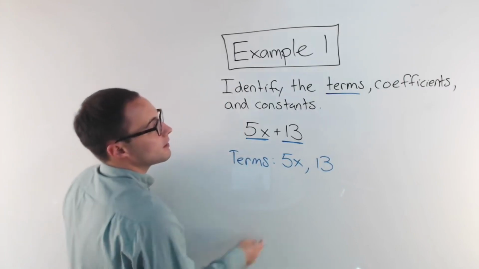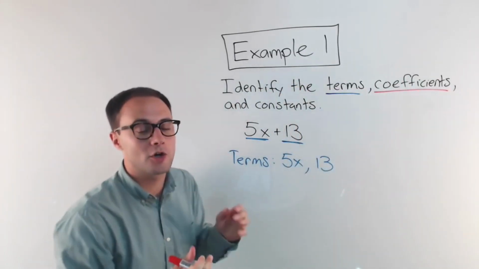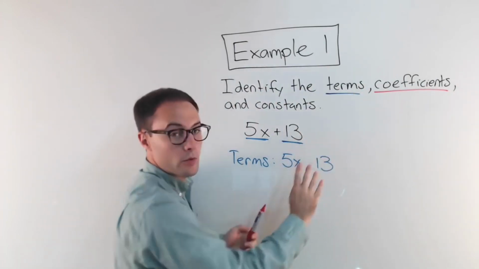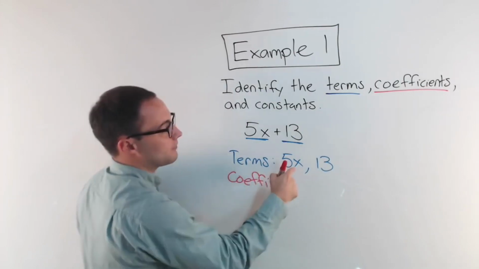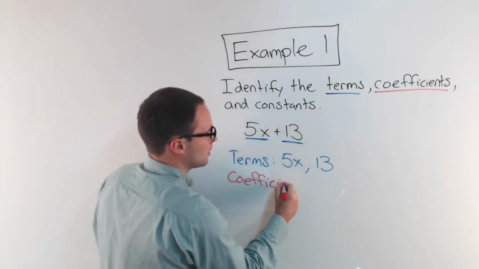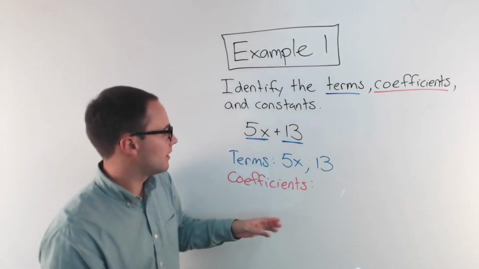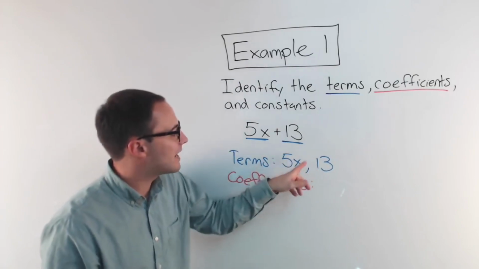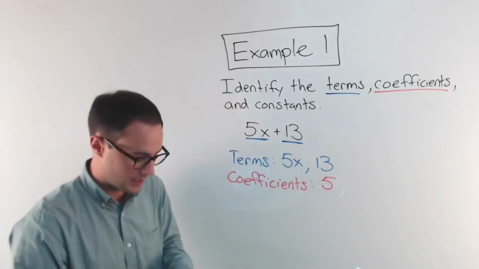Next, the coefficients. For coefficients, we're only looking at the terms that have a variable. So I'm not even going to bother with that 13. I'm just going to look at the 5x. Remember, it's the numerical part of the term that has the variable. So out of this 5x, the coefficient is just the 5.